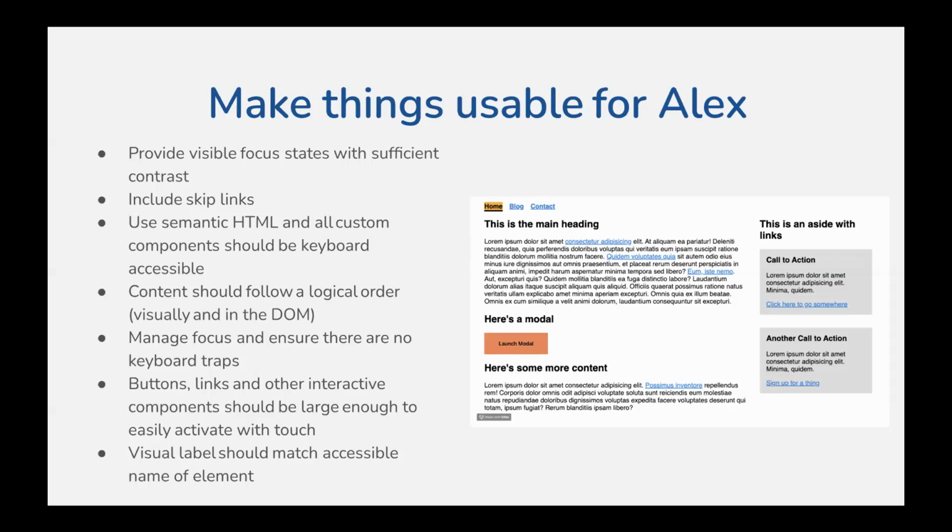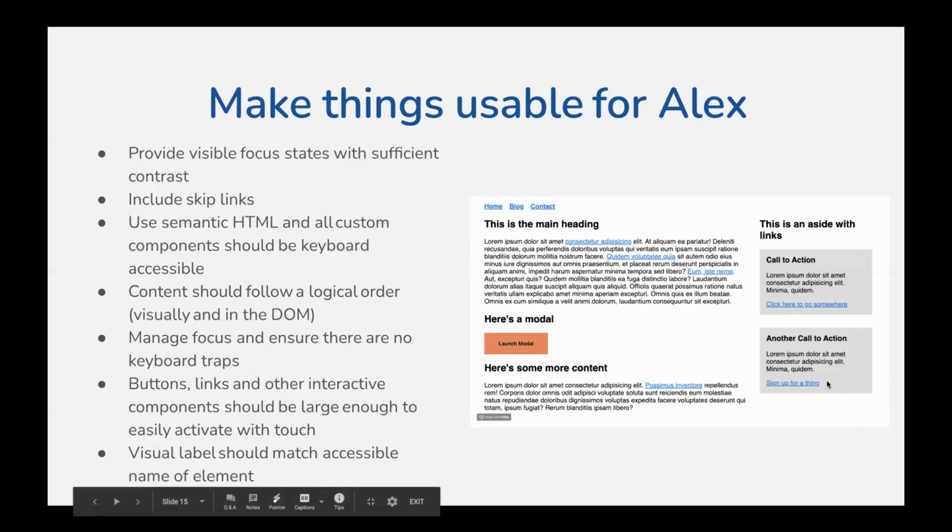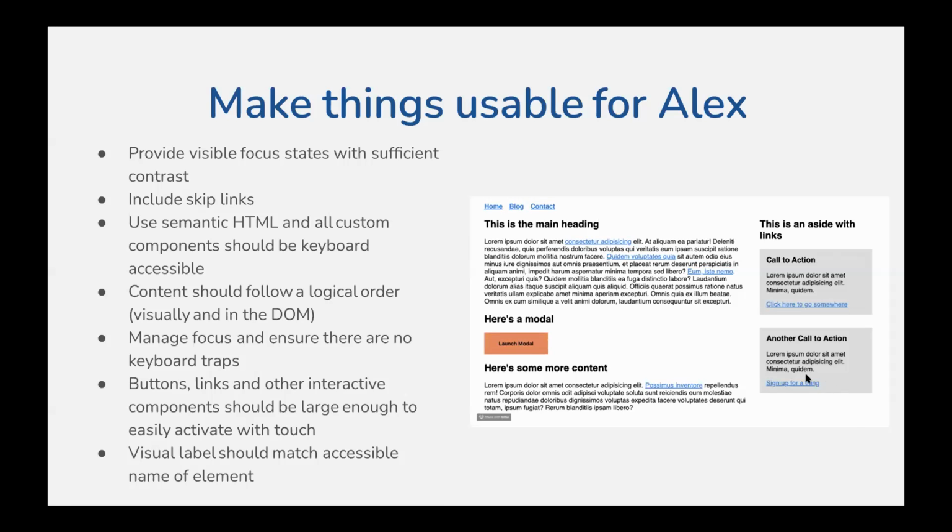Somebody who might be using a screen reader, that would be confusing for them, or somebody who's using speech to interact with the page, if they're saying click the read more button, but the accessible name of that element is something else, they're not going to be able to actually tell their software to click that button. So anytime it says sign up for a thing, for example, your accessible name should also match the same label.